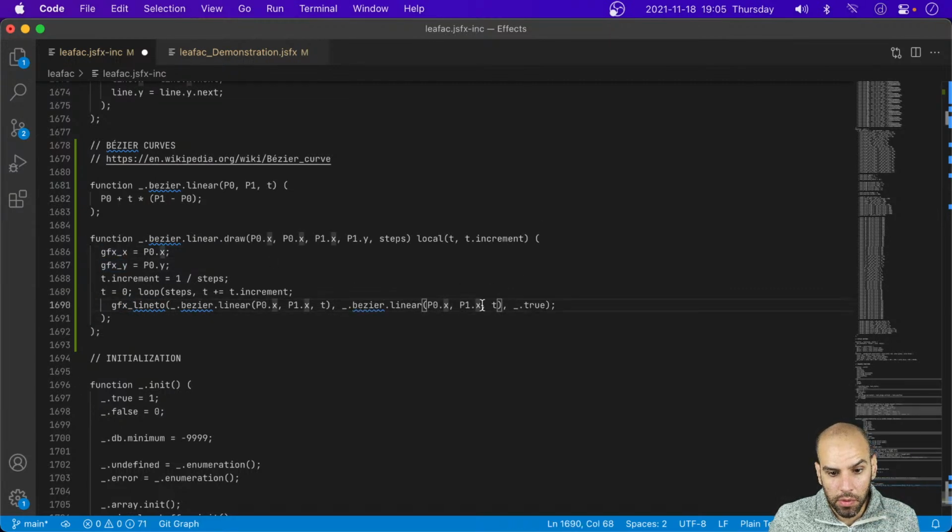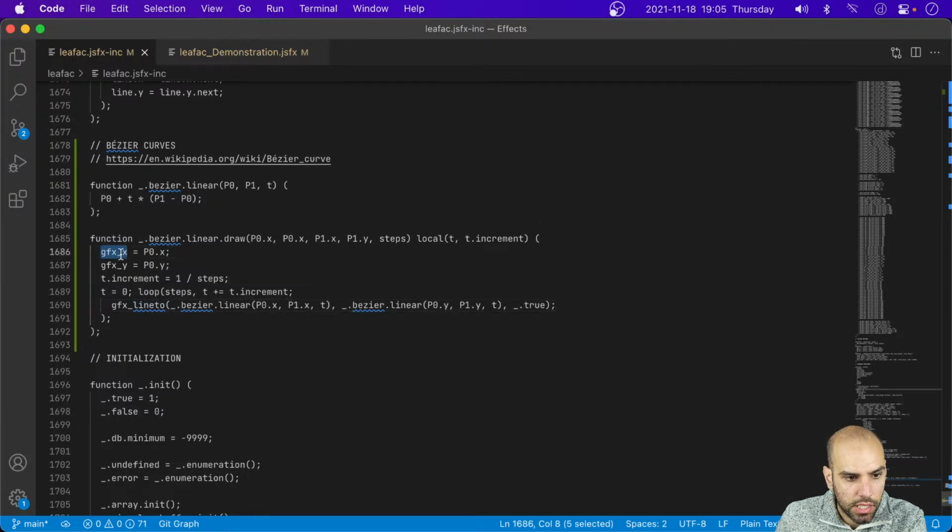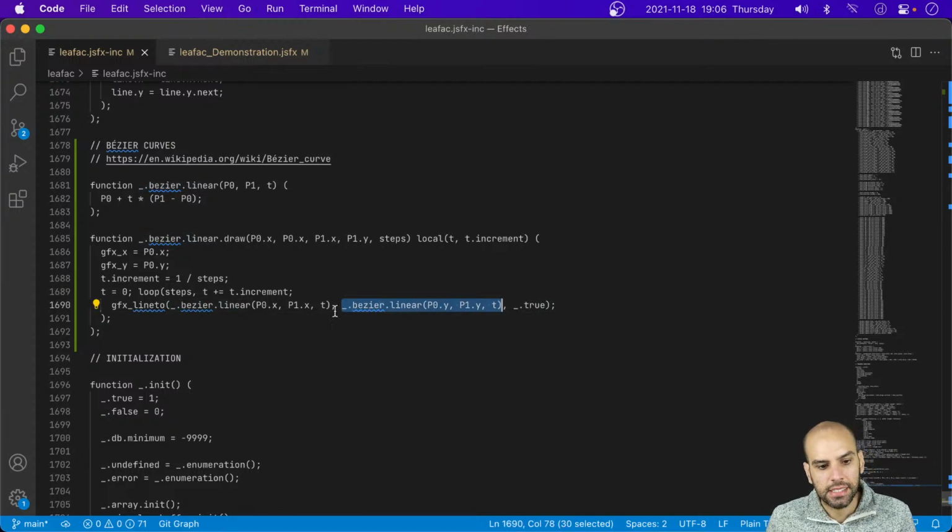So the thing that we are writing here, I think, suffices. Because the next time we go around, it is going to be at gfx x and y, the point that we just plotted. So it's going to move along the line just fine. And then we are using the Bezier to interpolate on the x-axis and on the y-axis separately. So that's why there are two calls to Bezier Linear.